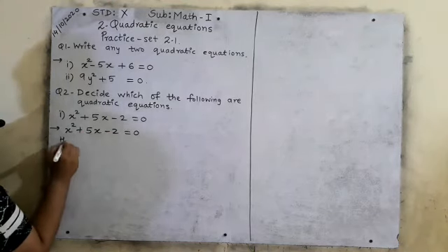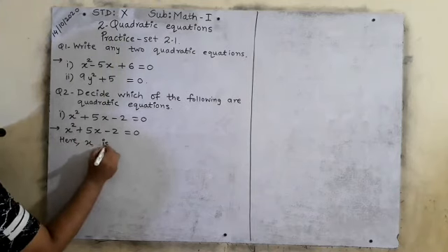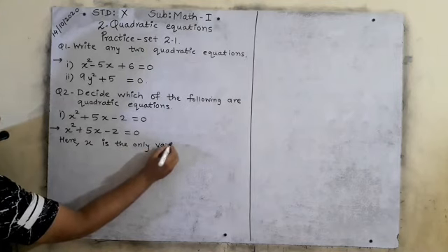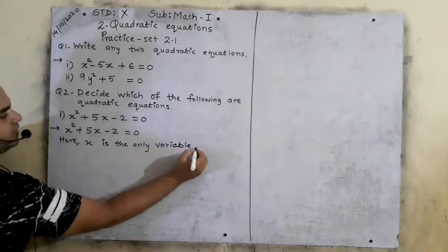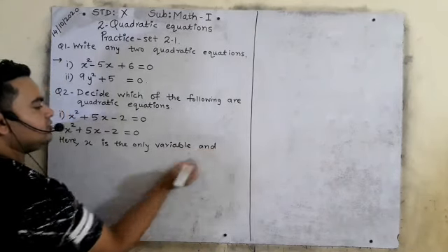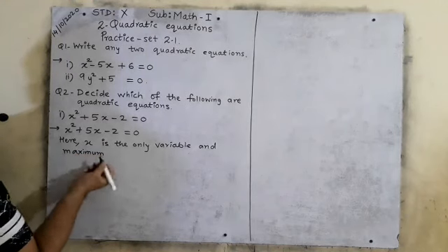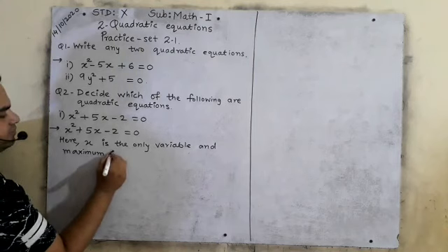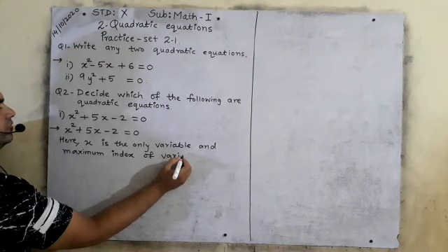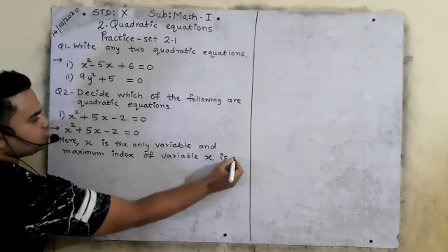Now I will write here x. Can you see, x is the only variable, and the maximum index, maximum means highest, of variable x is 2.